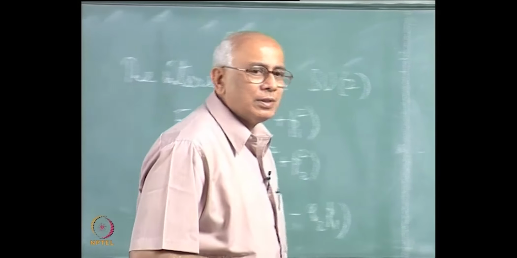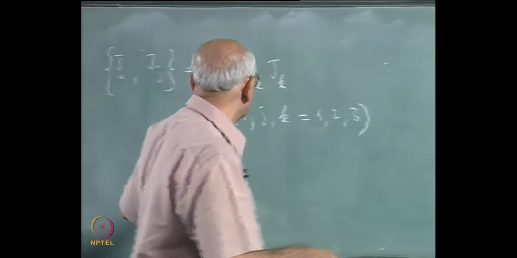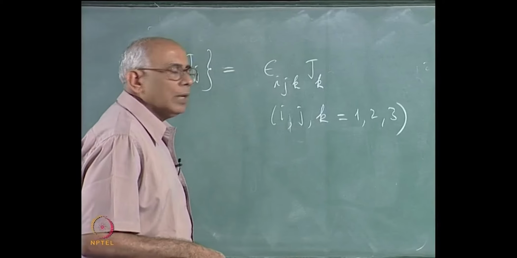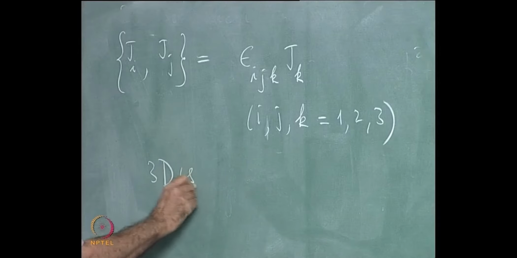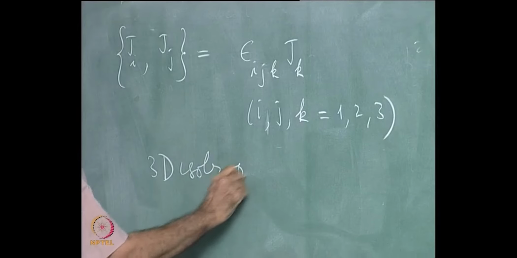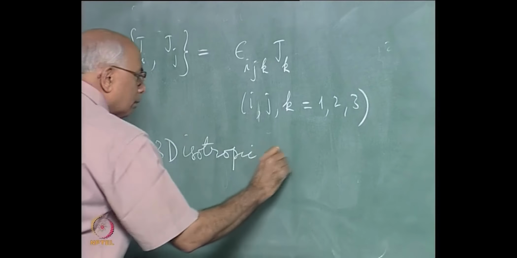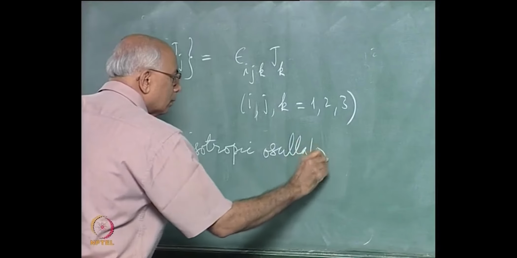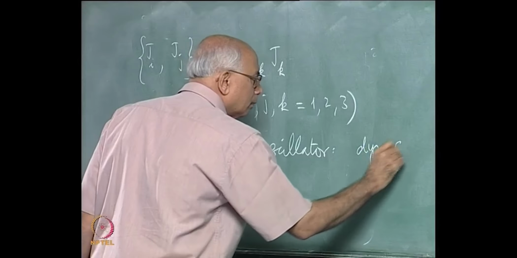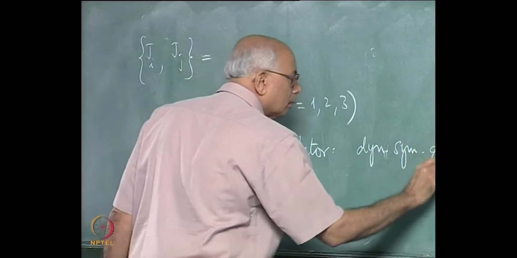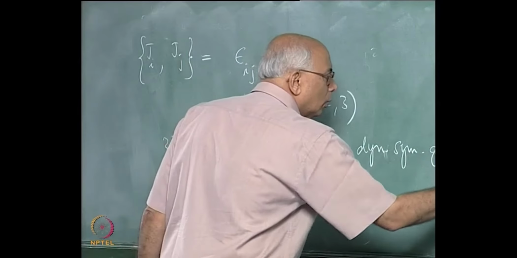Yes, if the number of generators is 3, it is exactly the angular momentum algebra. But no, it will not be for, for example, the 3D isotropic oscillator, where the dynamical symmetry group is SU(3).